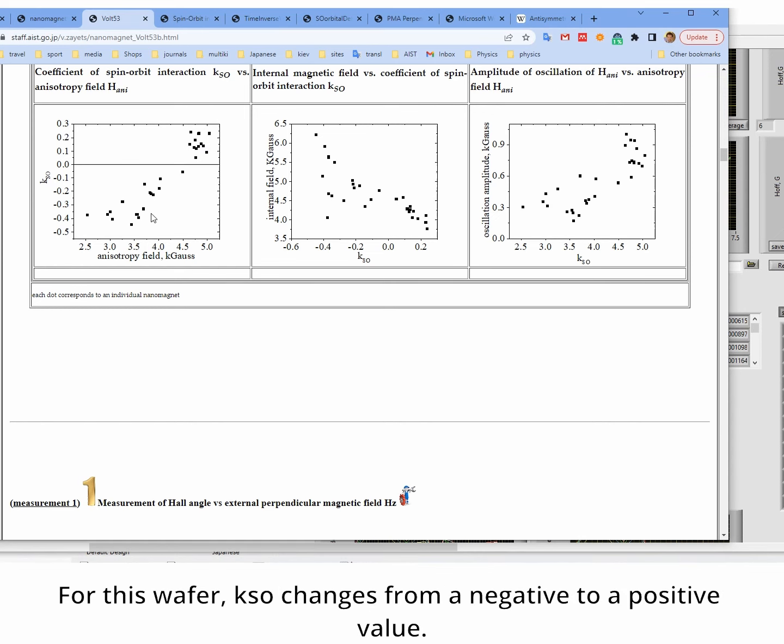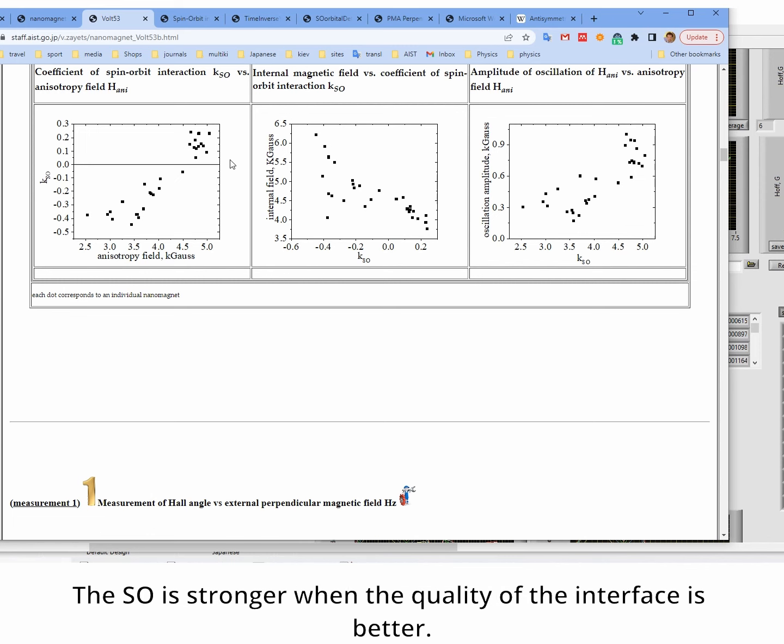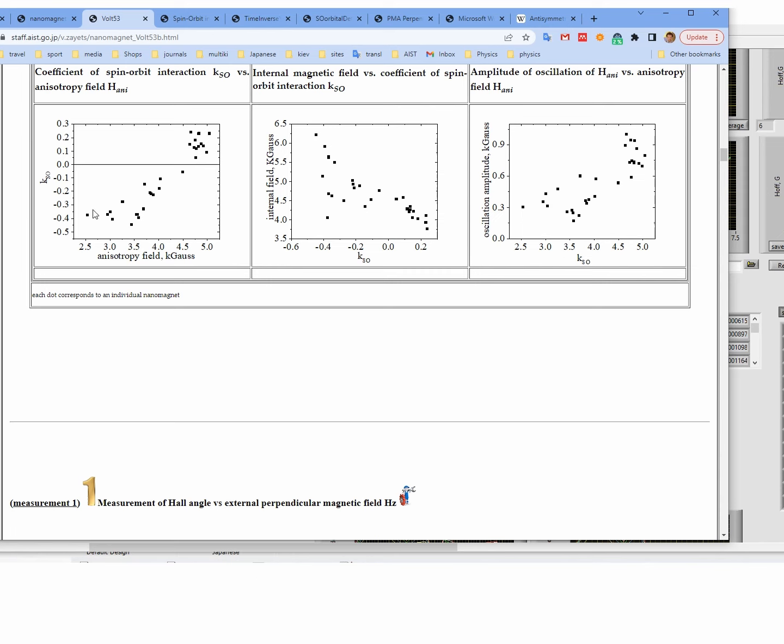For this wafer, coefficient of spin-orbit interaction changes from a negative to positive value. The spin-orbit interaction is stronger when the quality of interface is better. This is a better interface sample, not as good interface sample here.